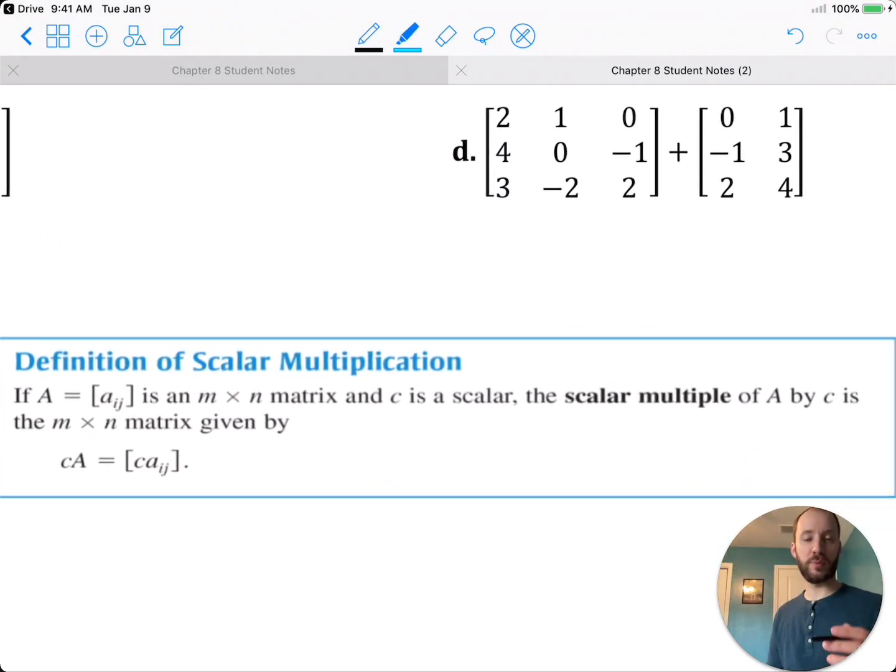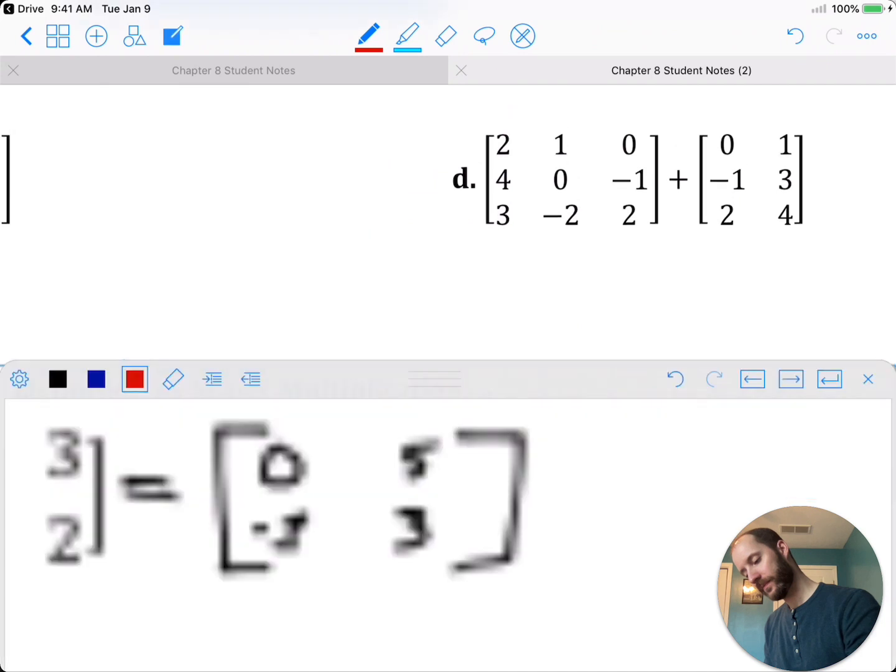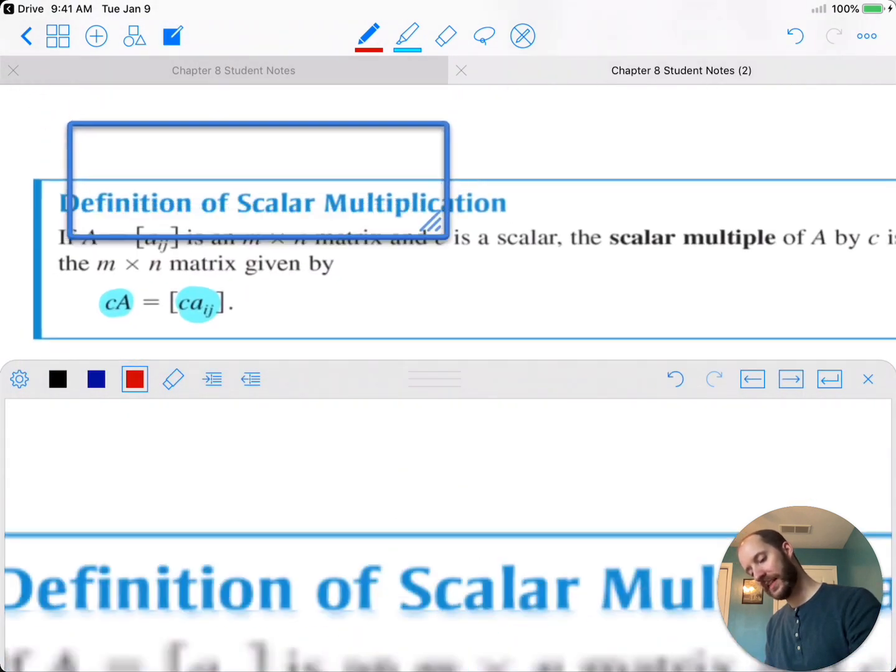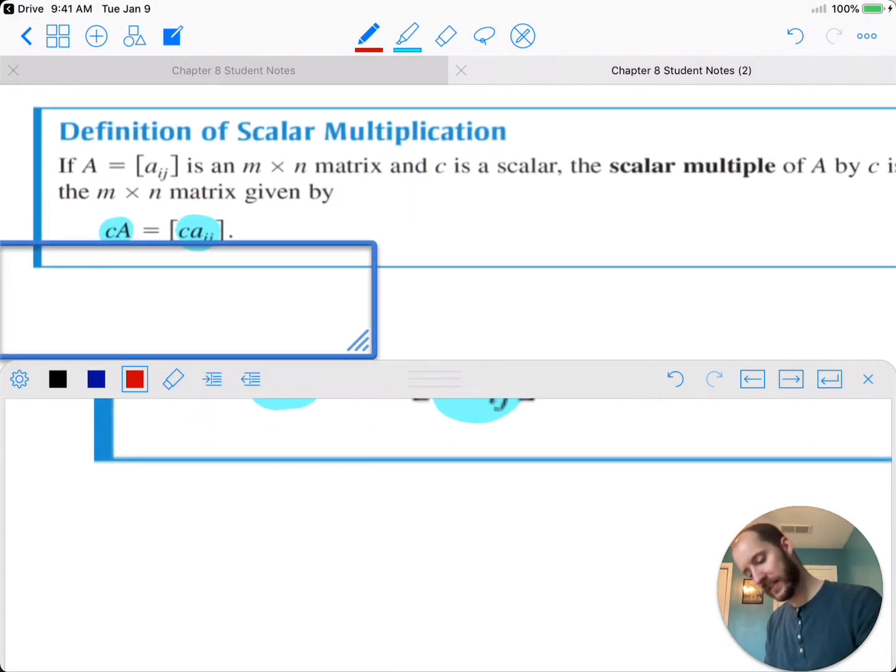Scalar multiplication. If you have c, some constant, times matrix A, that means c applies to every data entry in matrix A. This is really just, you're familiar with this, as the distributive property.